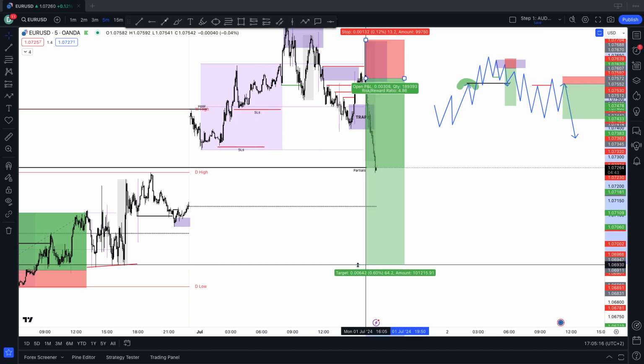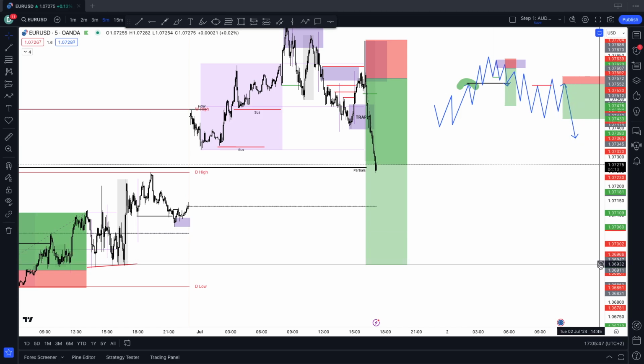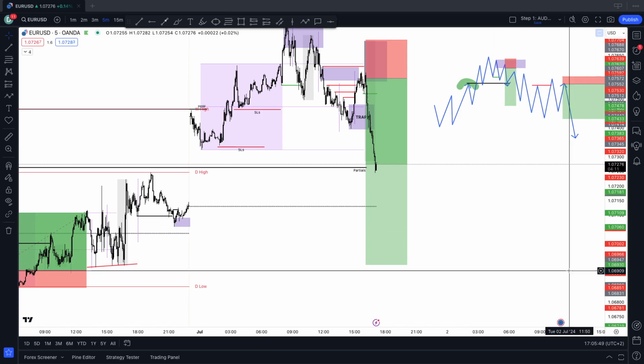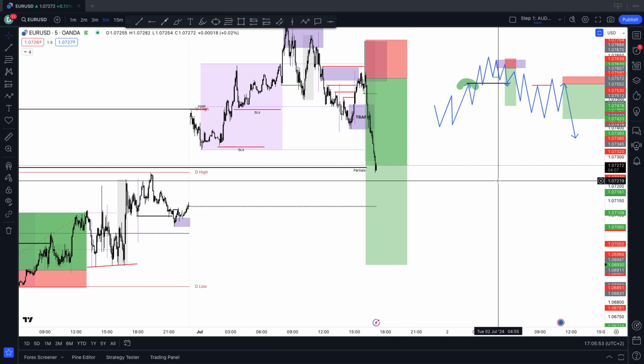So that's going to be my ultimate or final take profit at 06930. We'll just go ahead and let it play out. Now that we've booked our profits, I'm going to set my alert down here.